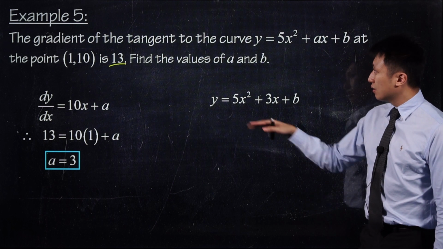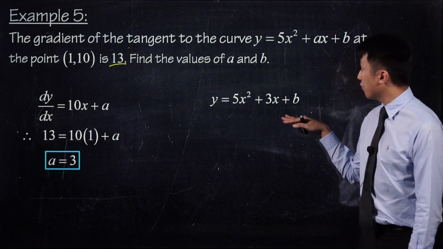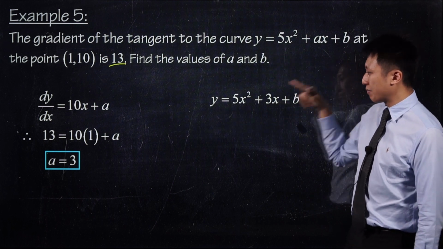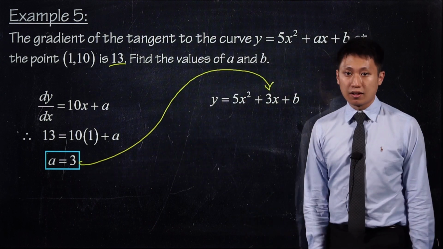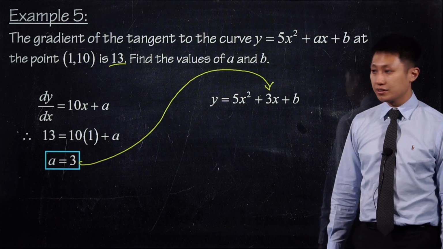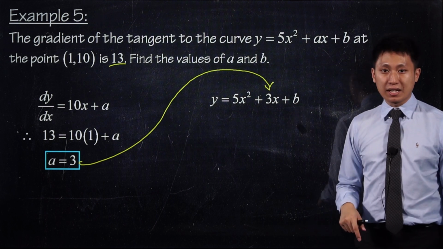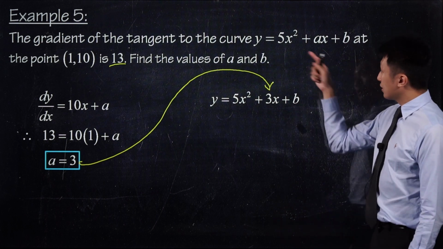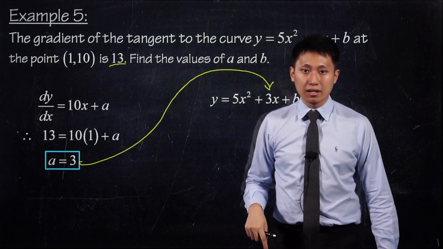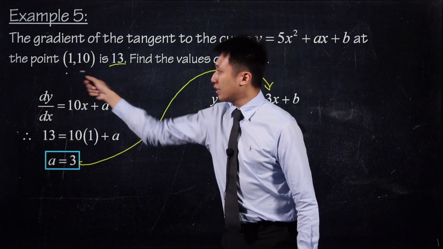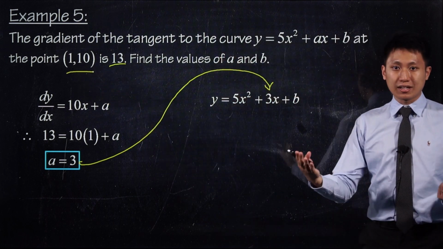Next, this is the equation of the curve, except now you have substituted this 3 into the function already. But you are left with b. What do you need to do? The tangent at this point is 13, meaning that this point is on the curve itself.